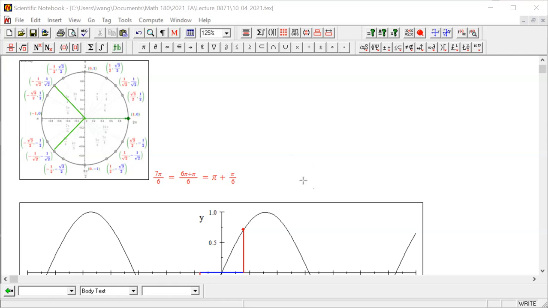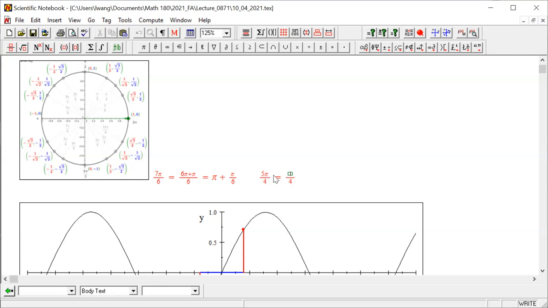So how do you break those up? You need to know how to break these fractions. Say for 5 pi over 4, what you do is you just split it.